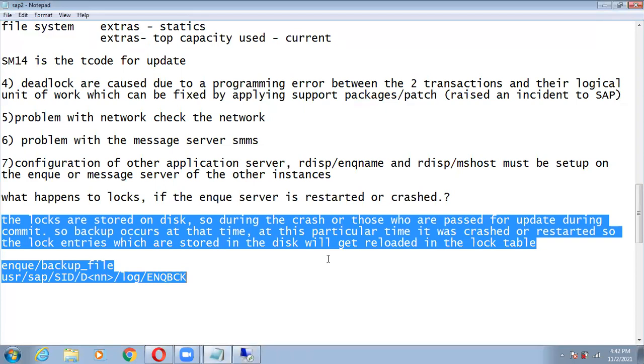So this is all about the NQ. Any doubt till here? So NQ is also finished. Anybody? Guys, any doubt?